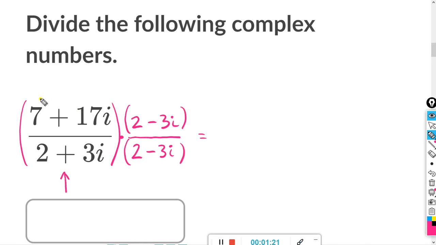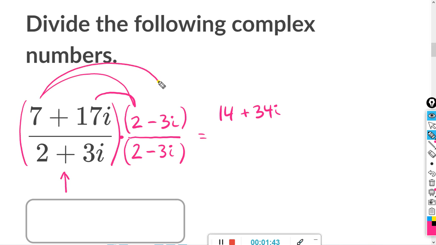So the first is going to be 7 times 2, that's 14. The inner is going to be 17i times 2, that's going to be 34i. The outer is going to be 7 times negative 3i, that's negative 21i.